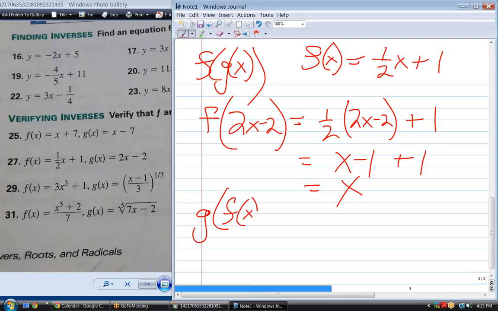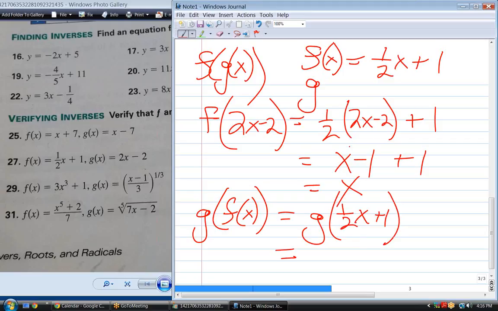So what's that equal to? G of 1/2 x plus 1, and g of x is 2x minus 2.